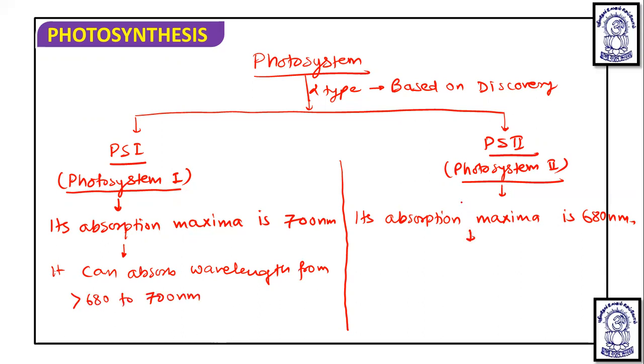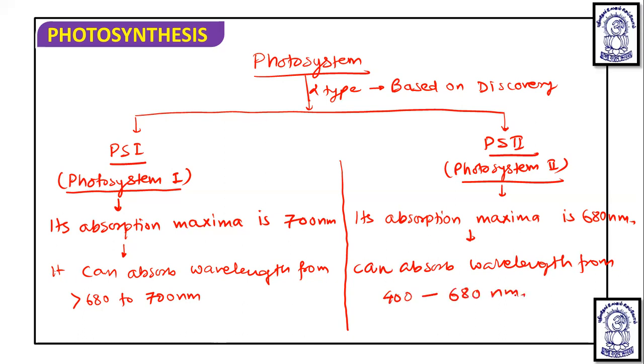And PS2 can absorb wavelengths from 400 to 680 nanometer.